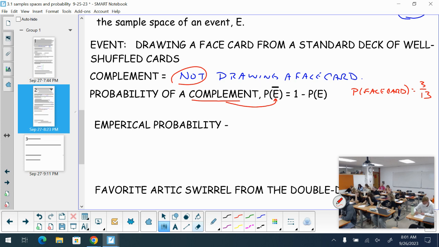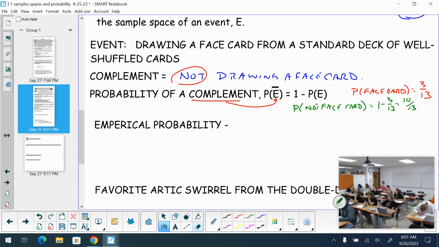So the probability of not drawing the face card, which is a complement, is 1 minus 3 out of 13, or 10 out of 13 chance.